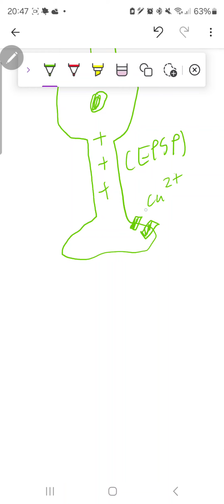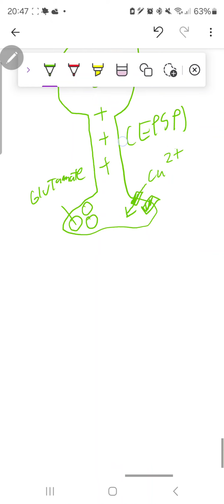So calcium will flow through, and we also have these vesicles containing glutamate, and the calcium will help the process of exocytosis of these vesicles in the nerve terminal. So glutamate will be released into the synaptic cleft, as mentioned before.